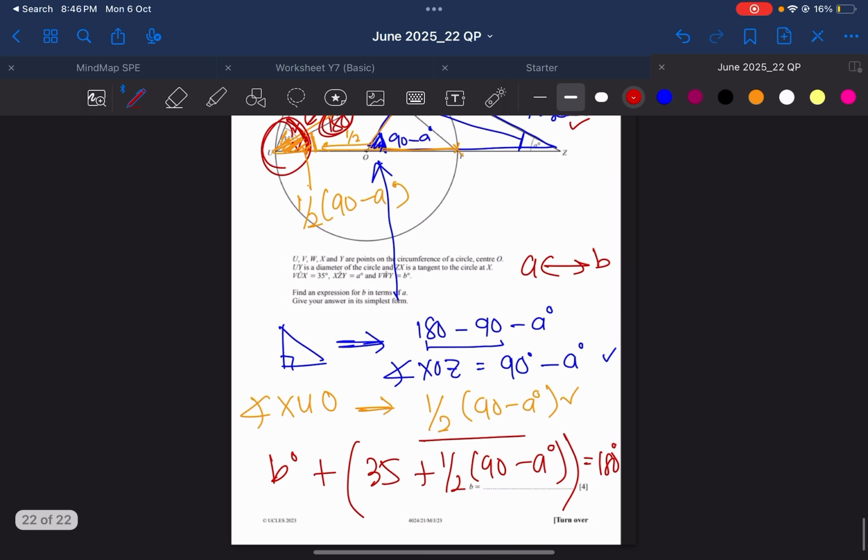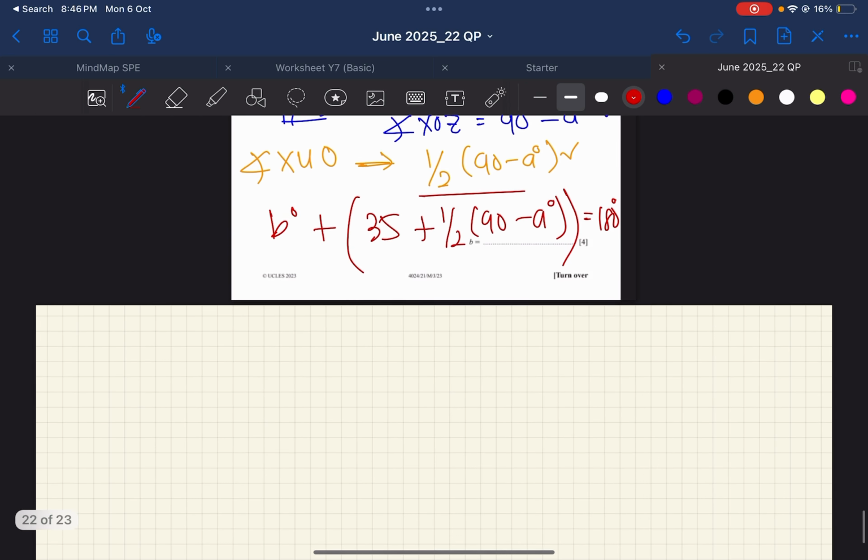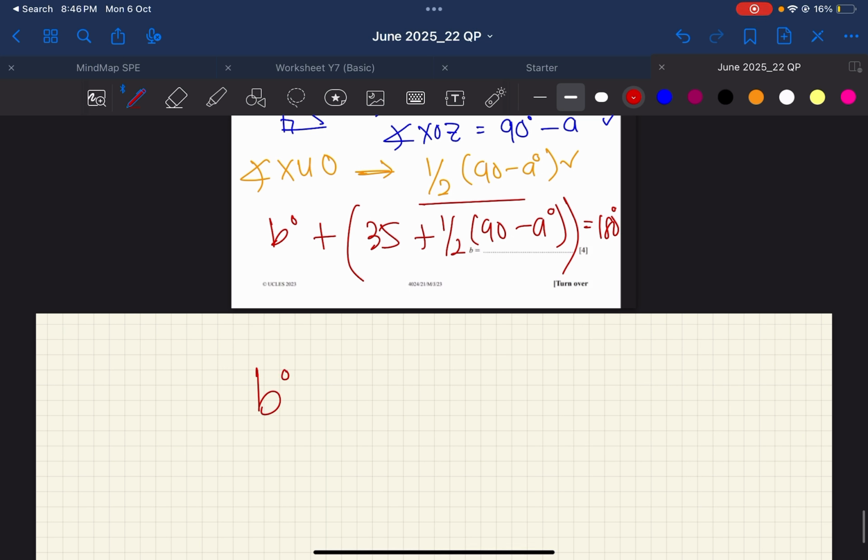Okay, cyclic quadrilateral. So I'm going to do a new page here and just continue. I'm going to expand it, maybe it will help to see what's going on. So 90 minus A over 2 plus 35 plus B equals 180.